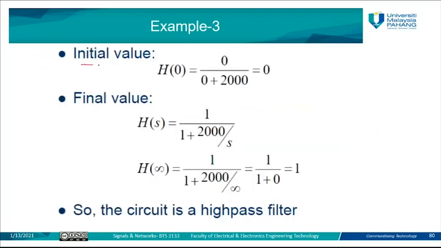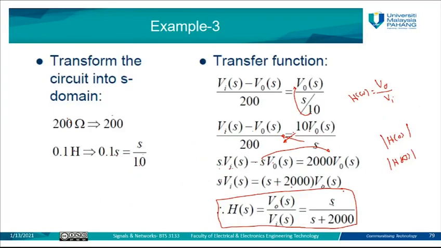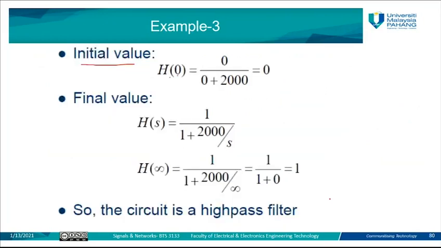For the initial value, H of 0, you need to substitute 0 here. So it becomes 0 over 0 plus 2000, which gives you 0. So H of 0 is equal to 0. Okay, that means if this is the graph and H of 0 is 0, there is no value for the magnitude of H of S or H of omega here. The value is 0.